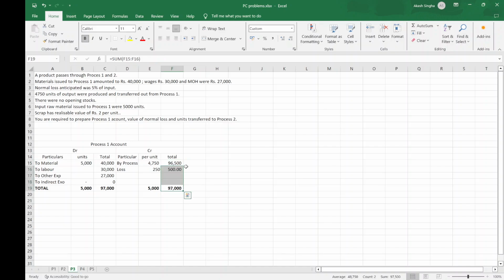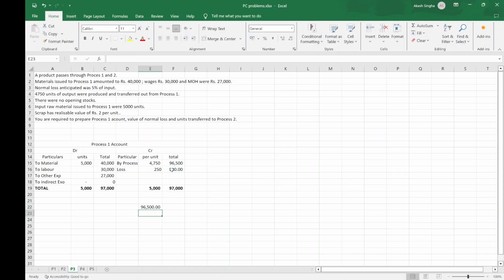But if you are using the formula, what was given is 97,000 minus scrap value, divided by units produced minus normal loss units, into total processed units.